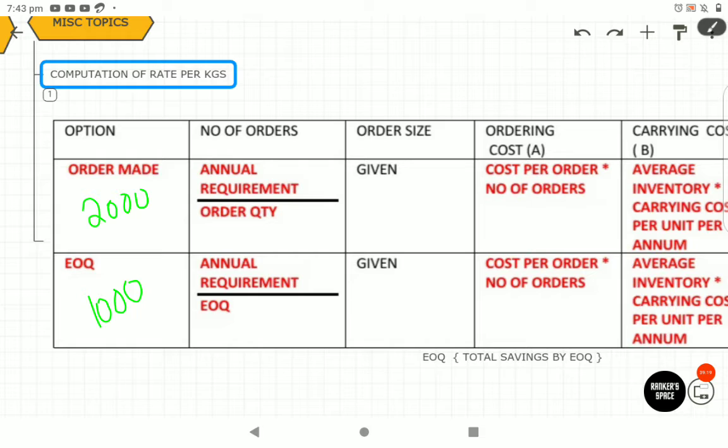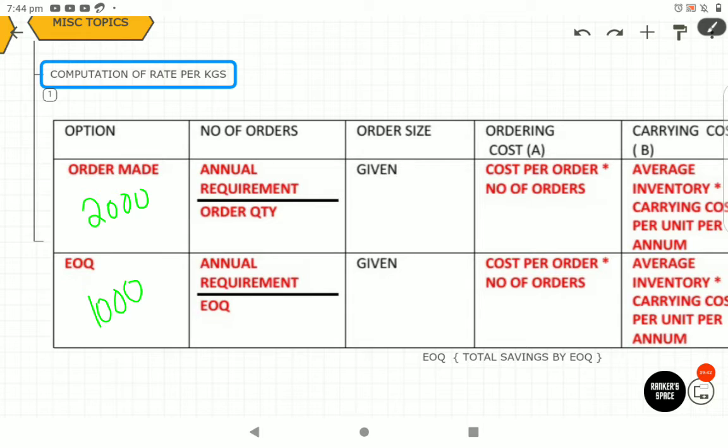If you're ordering 2000 units, what is the total cost? If you are ordering the EOQ quantity, what is the total cost? Compare both, and find out whether there is savings or over expenditure, which is better. Obviously EOQ only will be beneficial to us. So that is how you have to do it.